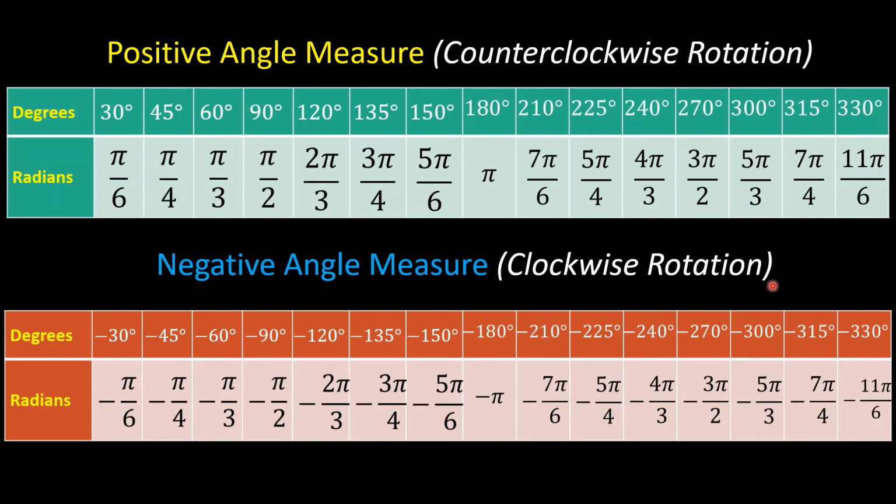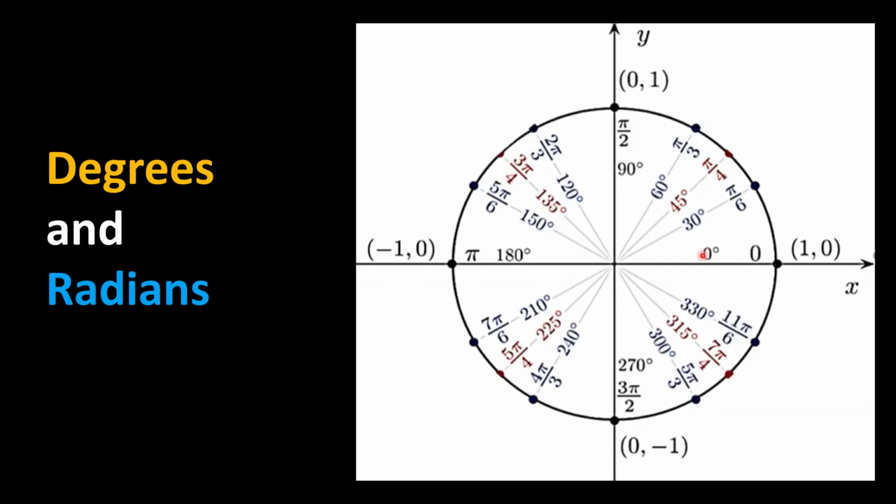You must be very cautious with the negative and positive signs, because these will be involved as we go through the trigonometric identities. Here we illustrate the degree measures and the radian measures on the unit circle. Since the radius is 1, the radian measure is the same as the arc length, recognizing angles in standard position always.